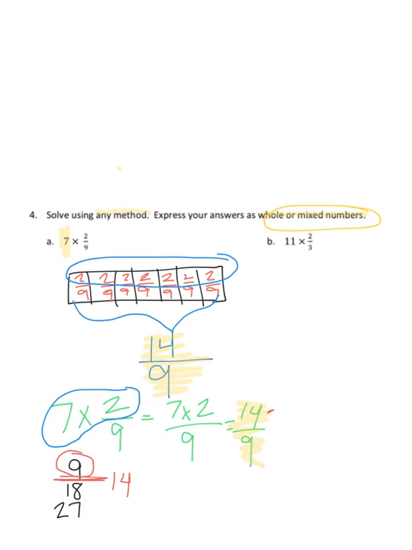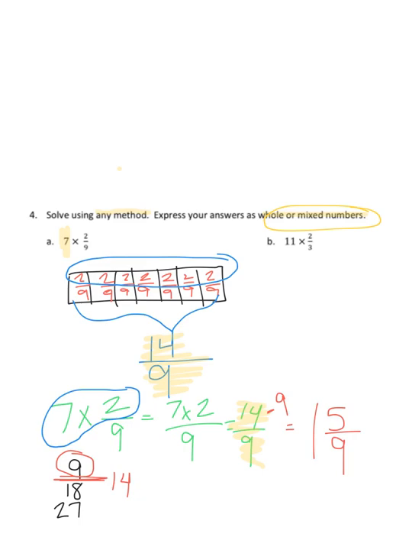So I'm going to take 9 away from the 14, because instead of leaving 9 extra fractions sitting in that improper fraction, I'm going to pull out that 1 whole. 9 numerators equals 1 whole, so 14 minus 9 is 5. That's going to leave us with 1 whole and 5 ninths left behind. All right, hopefully that makes sense.